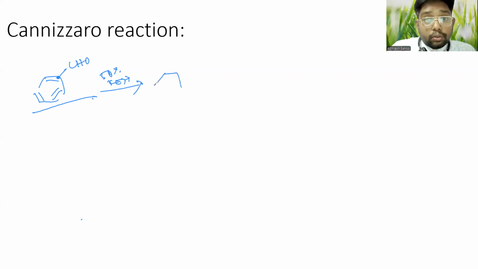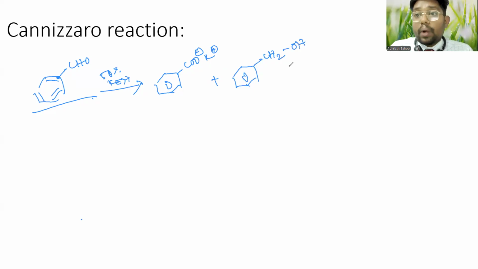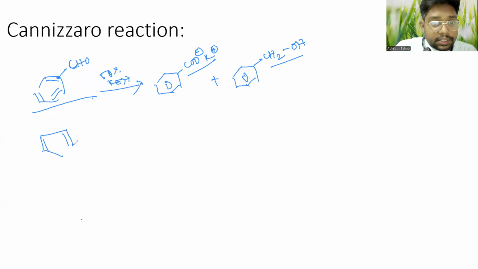The oxidized product will be COO minus K plus. Another product will be the reduced product, that is your alcohol. The trick is, the carbon atom of the functional group of aldehyde, you have to convert into carboxylate anion as well as alcohol, CH2OH. Remember, CH2OH. That's all.